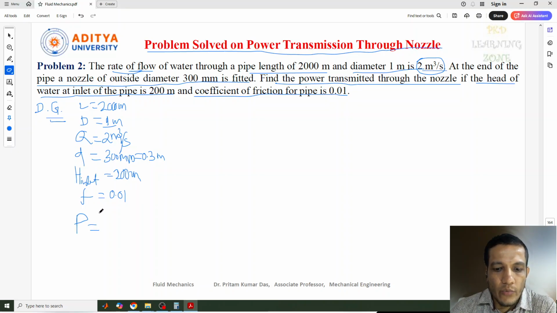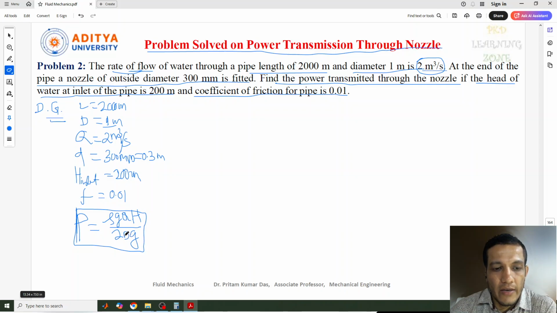So power transmitted, we know the formula. This is rho g q h, the power transmitted through the nozzle. Here rho is the density of the fluid, g is the gravity, q is the discharge through the pipe, and h is the head at the outlet of the pipe nozzle.